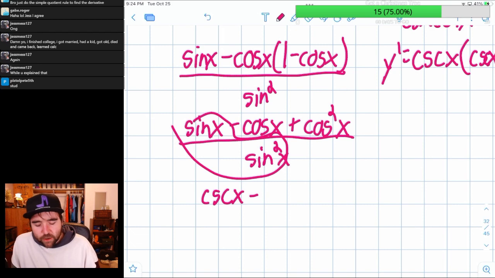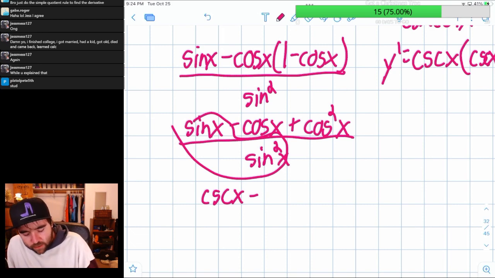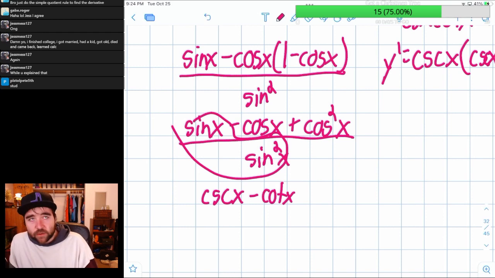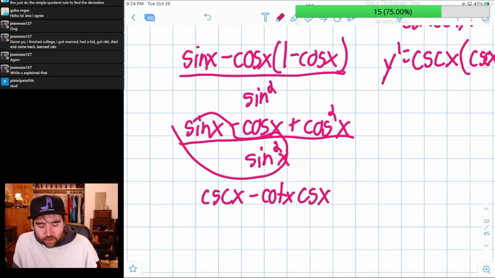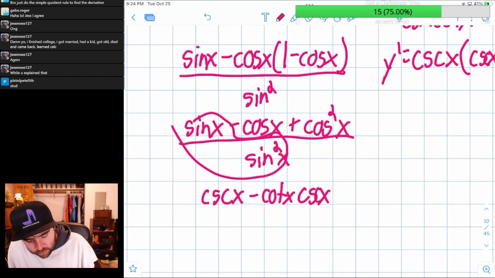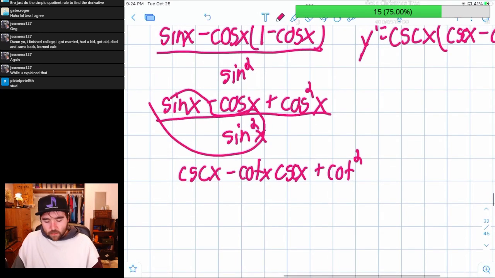Separate that into cosine over sine times 1 over sine. So that's going to be cotangent of x times 1 over sine, so times cosecant of x, and then plus cosine squared over sine squared, so plus cotangent squared.